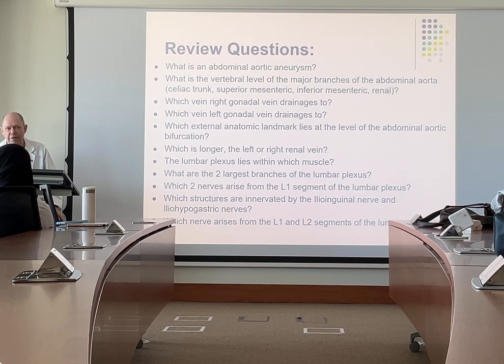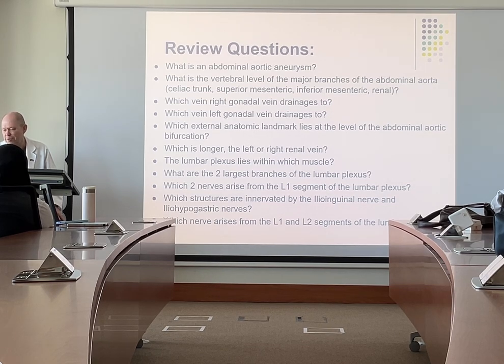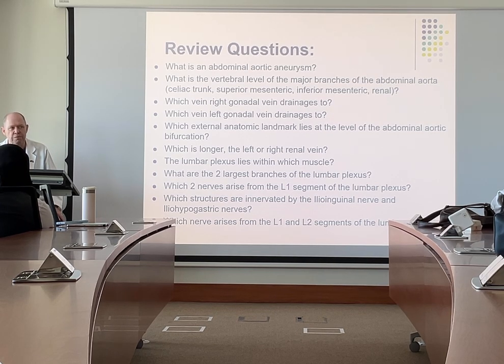Level of the dermatome. L1, of course. I said it was a tricky question. If it is a wide level of the spinal cord, it will be the L1 dermatome, no doubt about this. Okay. Which nerve arises from L1 and L2? Genitofemoral nerve. Very well.